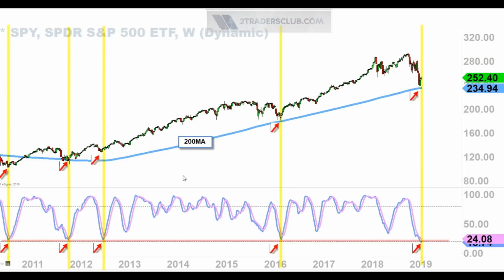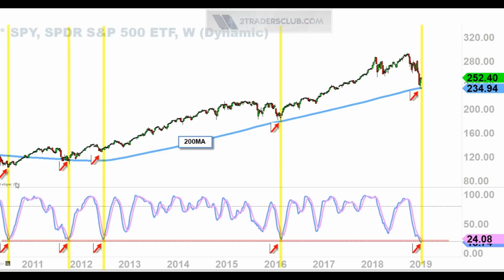And the oscillator here, especially this reconfigured oscillator, gives you certain levels of extreme oversold and extreme overbought. You can also see that when the market gets into an uptrend and then comes down to retest the 200-week moving average, it coincides with the oscillator telling us that is the extreme oversold level, which I've annotated with red arrows.